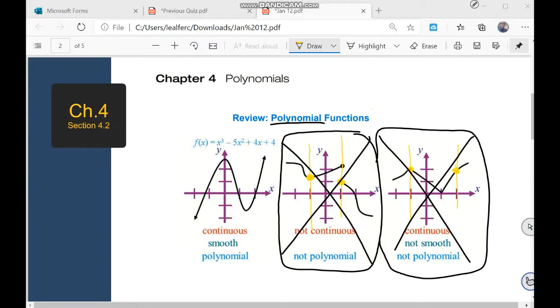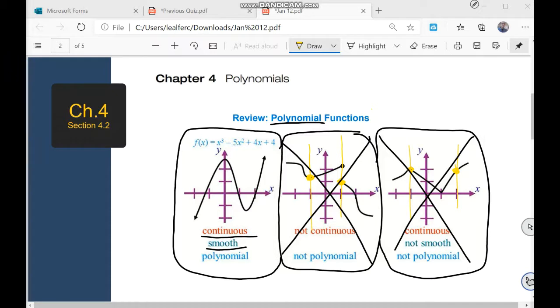To be a polynomial function, it needs to behave or look like this, the first graph. It needs to be continuous, it needs to be smooth, just like this. And well, this is something to add to our knowledge of how to identify and understand the polynomial functions, which are slightly different from any regular function.